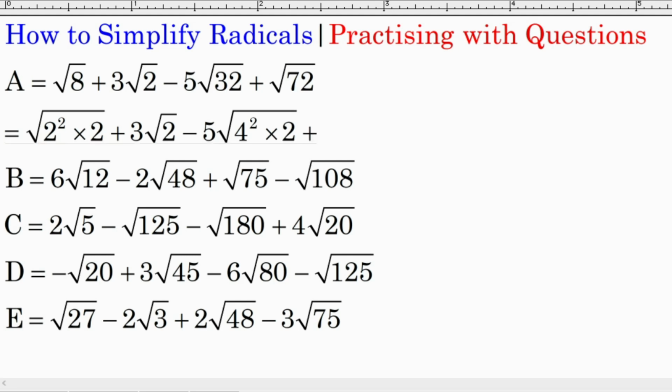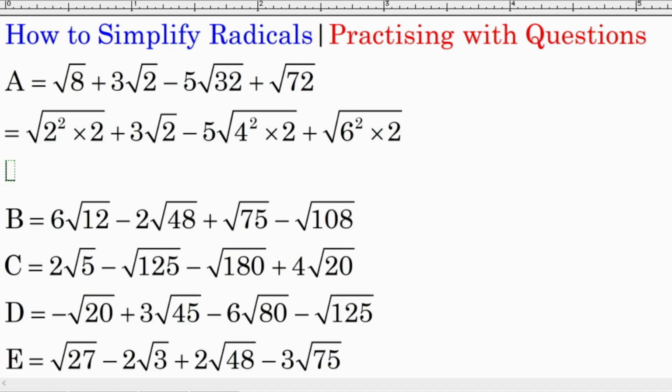And then plus, with 36 and times 2. And as you already know, 36 is equal to 6 squared. Okay, so now let's move on.